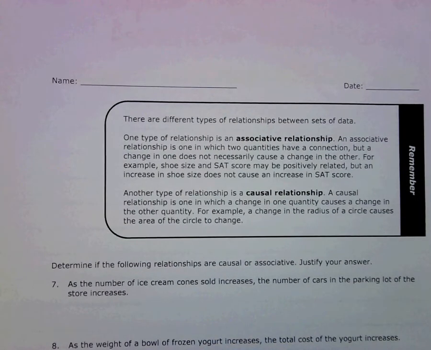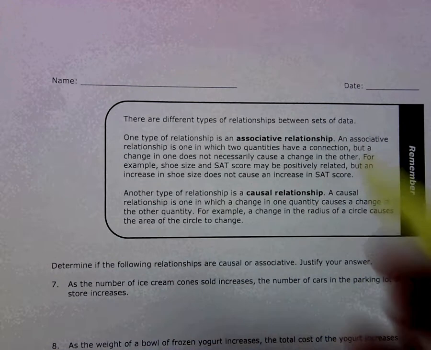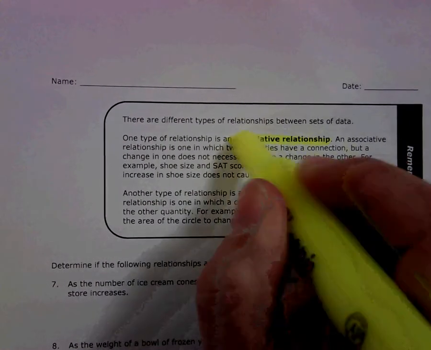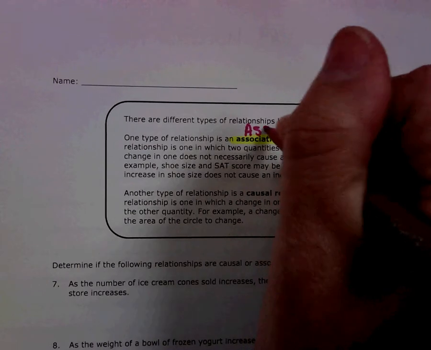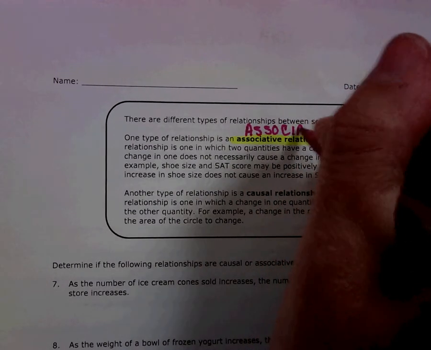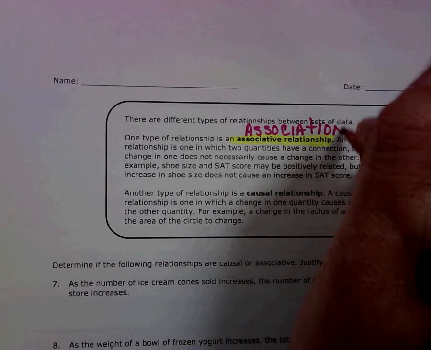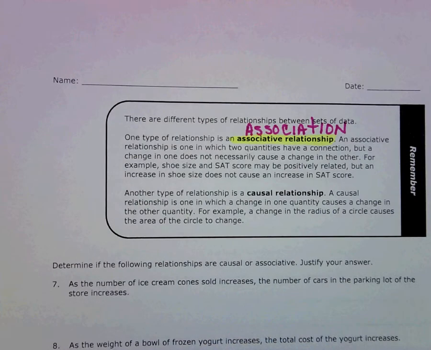Now, adding to that, I've been interchanging the word association with correlation. So when things are associated or correlated, same thing. Association means there is a relationship.